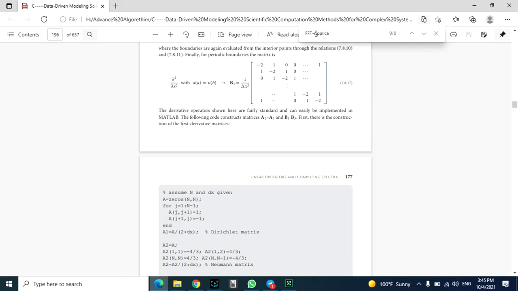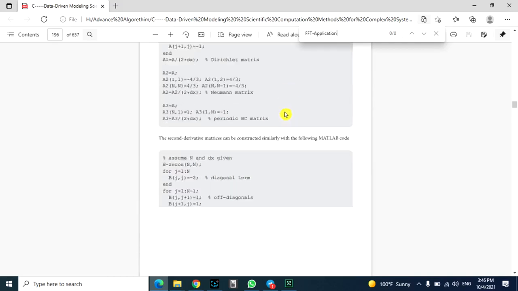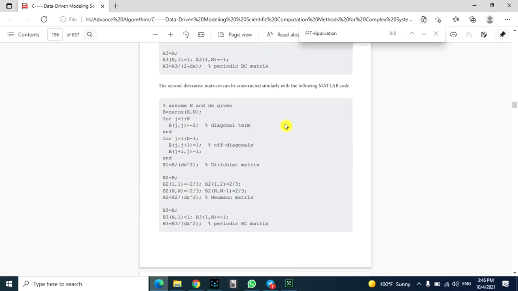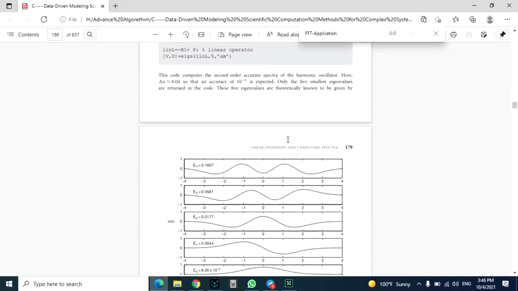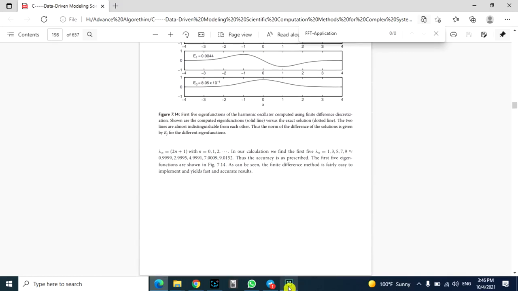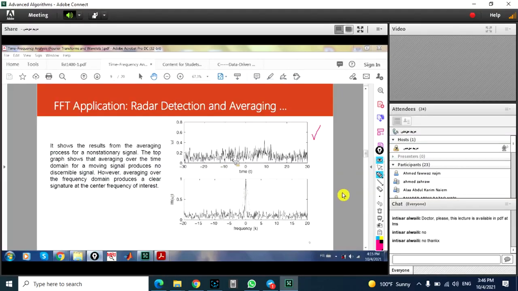The above figure shows that time averaging in Fourier is better than in the time domain, where the information is lost.